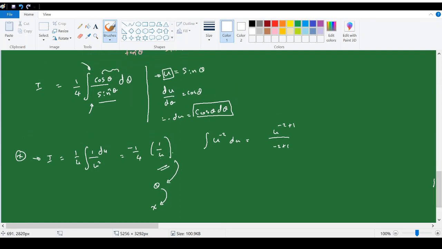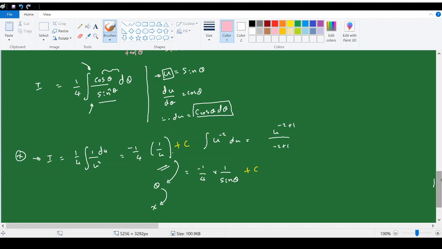So for this one we can just write it as negative 1 over 4 times 1 over sine theta, right? And also you should not forget to have the arbitrary constant throughout. And then when you have the answer in terms of sine theta, how are we going to convert it back into the terms of x?